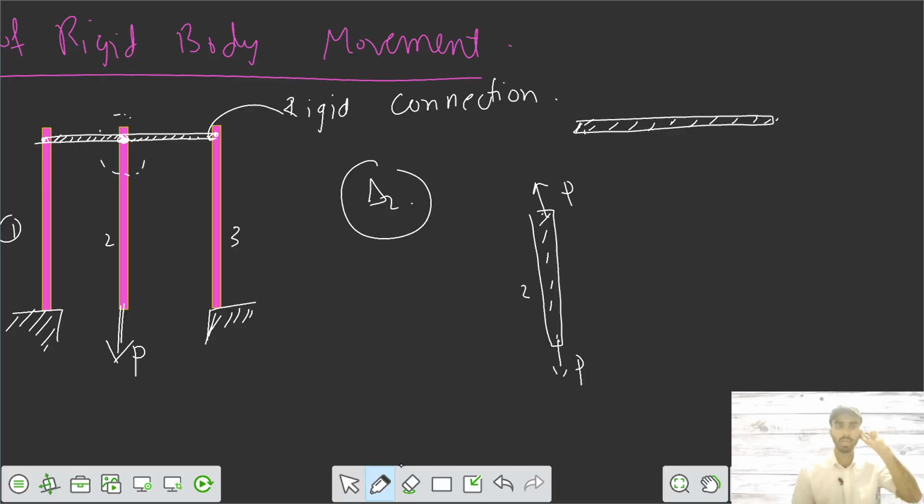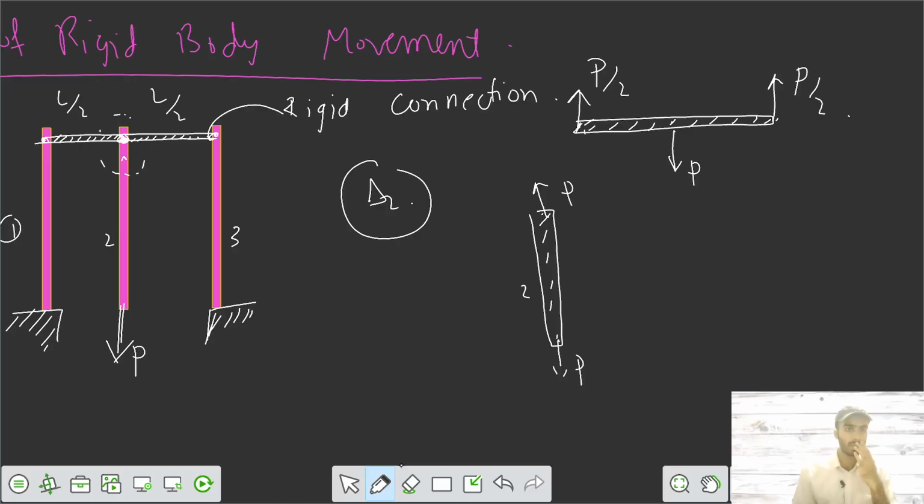If here it's P, then it has to be downward P at the mid. It is L by 2, L by 2. So your force in bar 1 has to be opposite to that. I will write P by 2 and P by 2.